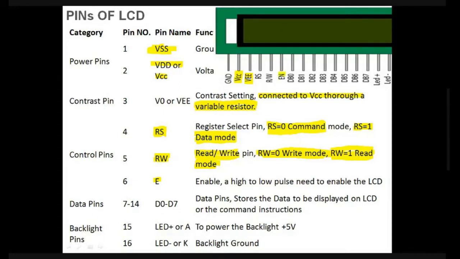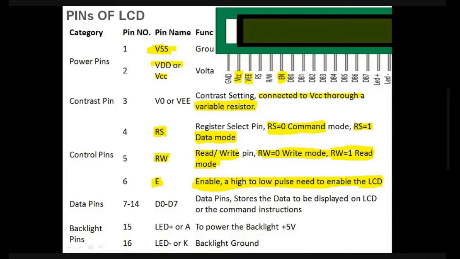Then the next pin is the enable pin. This enable pin is used to enable or disable the LCD. It needs a high to low pulse to enable the LCD.